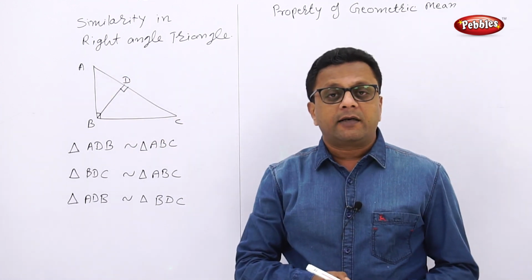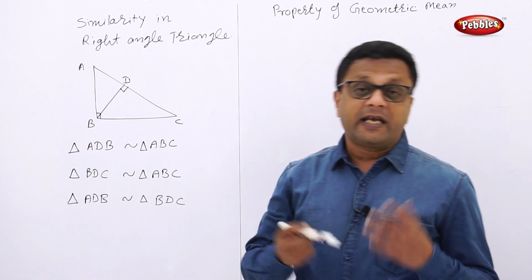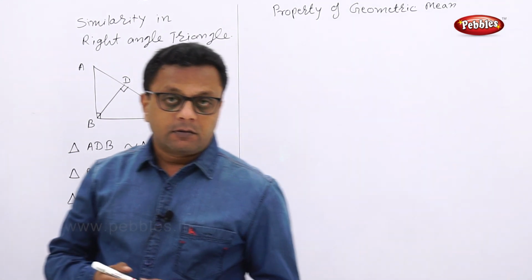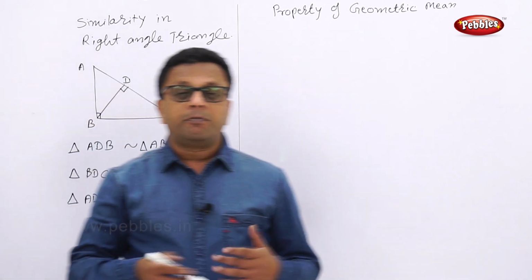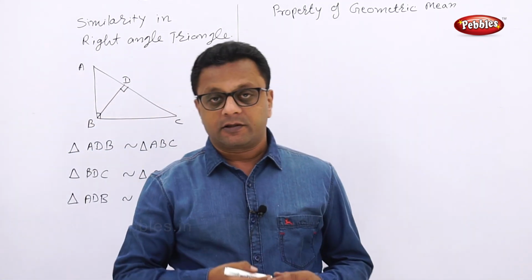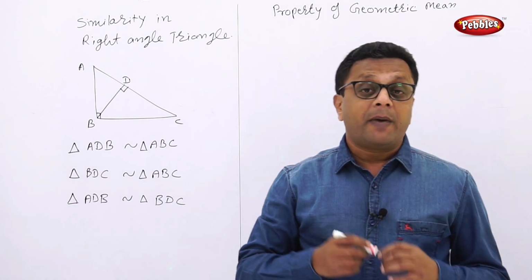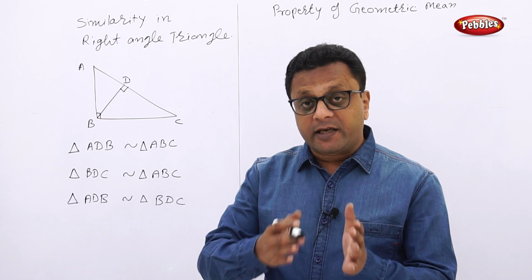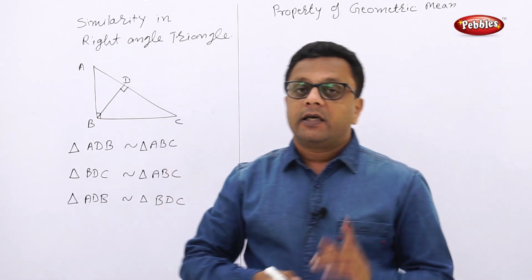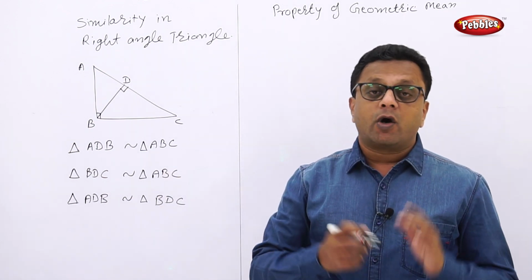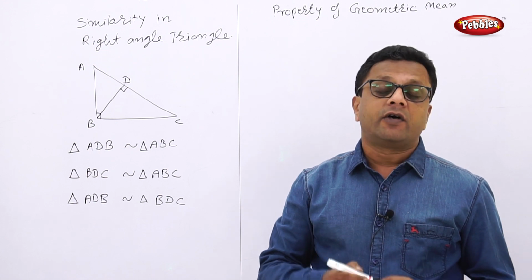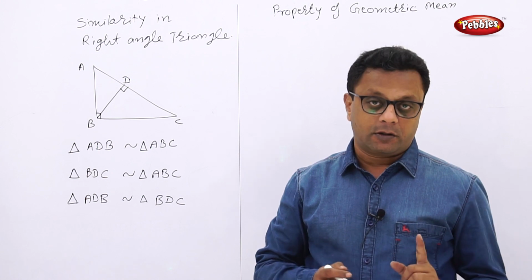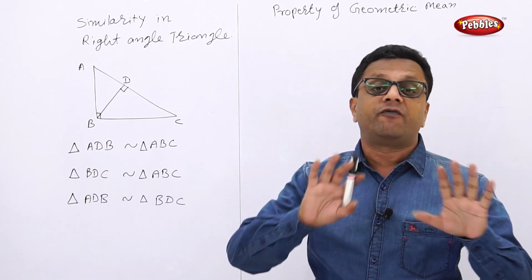Now you know that the names of the triangle can be written in any way. That means if you say that this is triangle ABC, then triangle BCA or BAC are one and the same triangle. But when you are comparing those triangles, when you are telling that this triangle is similar to some other triangle, whatever vertices you are writing must also be in the same order in both the figures.